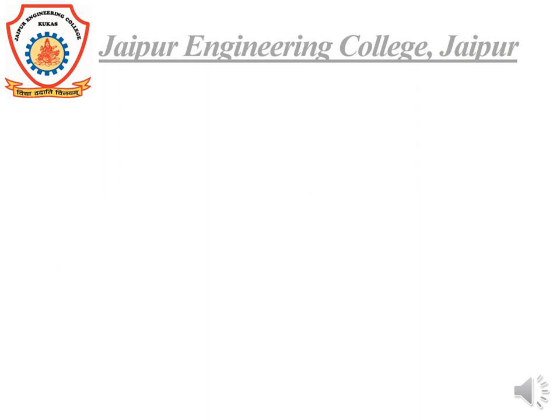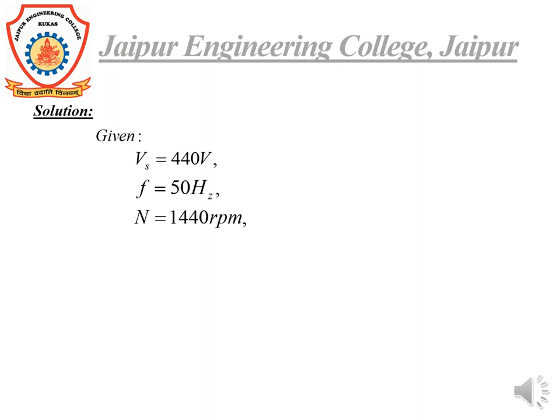To solve this problem, let's note what we have been given in the question. Supply voltage is 440 volt, frequency is 50 hertz, speed is 1440 rpm, and the number of poles is 4. Now we have to find the firing angle, which is denoted by alpha.